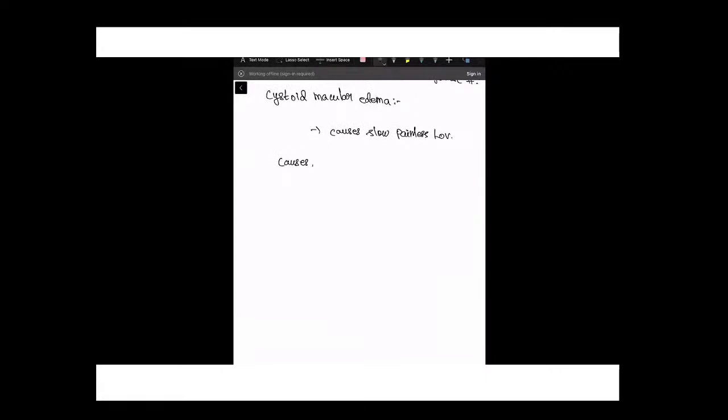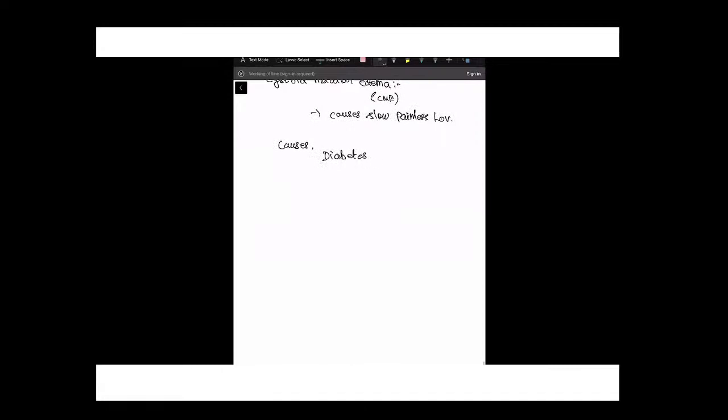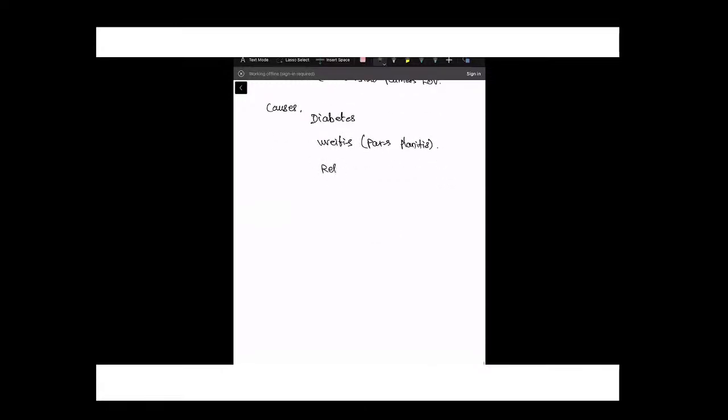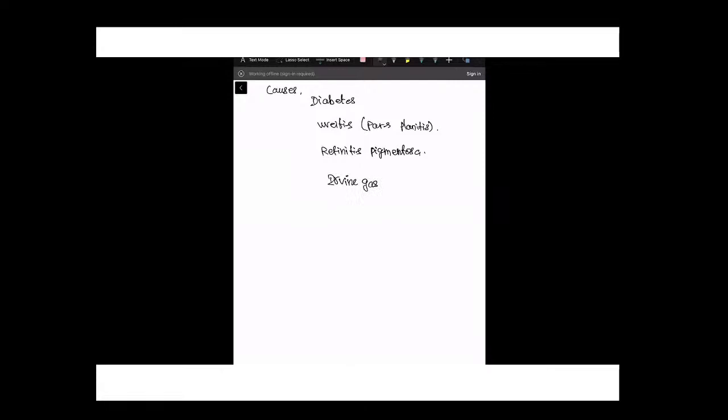Causes of CME: diabetes, uveitis, mainly pars planitis, retinitis pigmentosa, Irvine-Gass syndrome, which is CME after a cataract surgery.